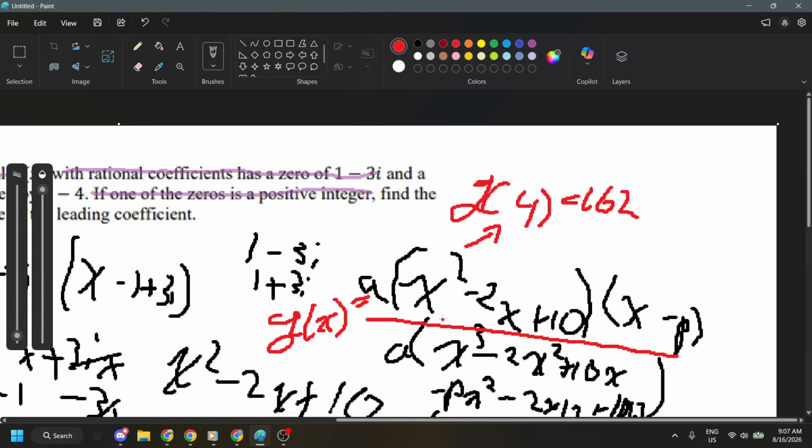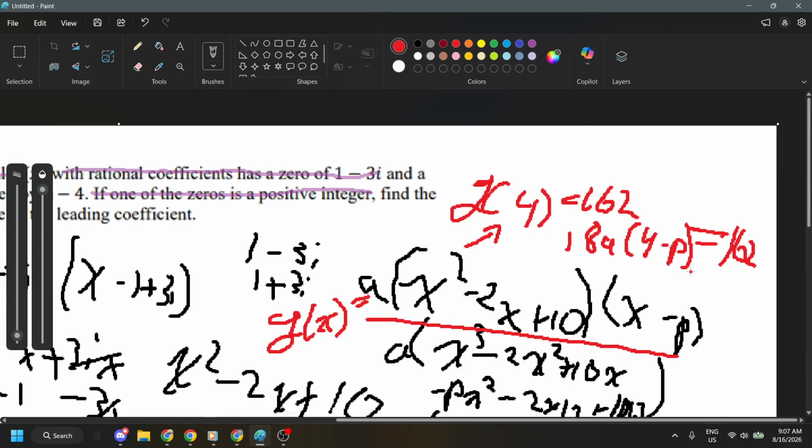So putting this in here, this turns to 16 minus 8 plus 10, which is 18. So we get 18a times 4 minus p is equal to 162.